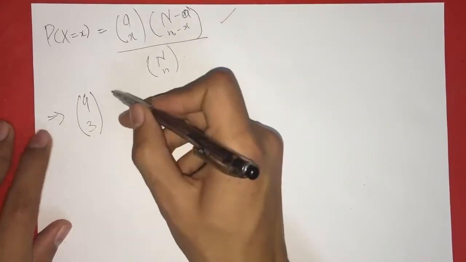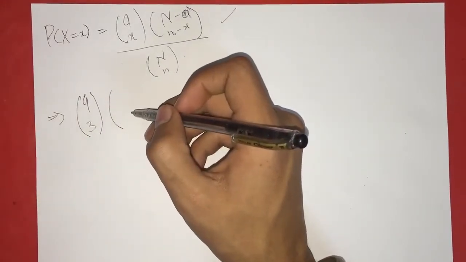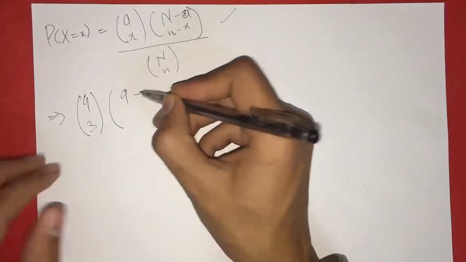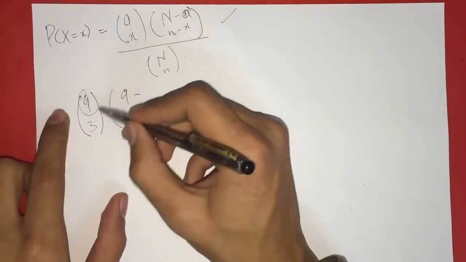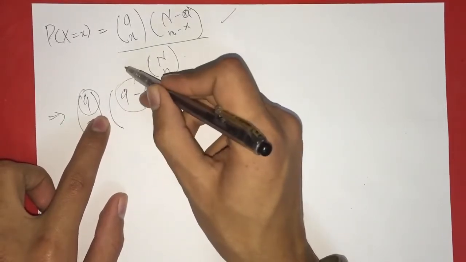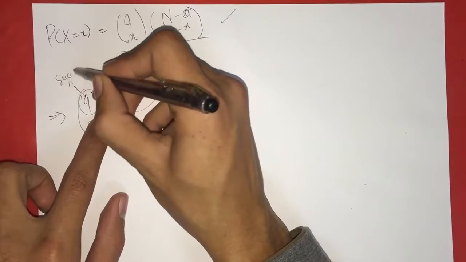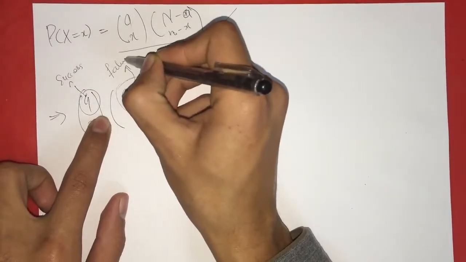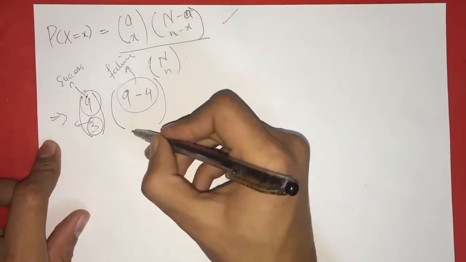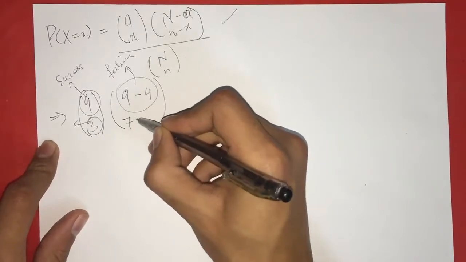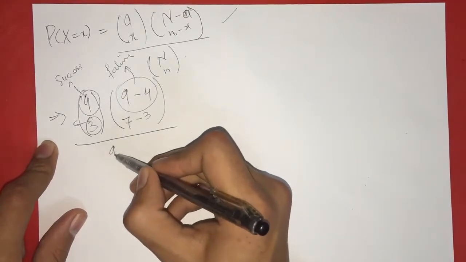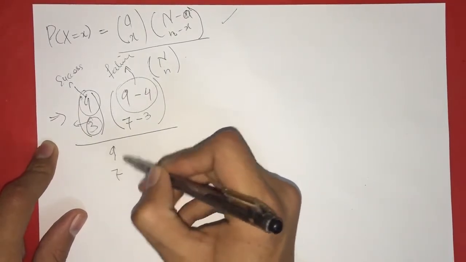Capital N, the total population, was 9 socks. Then 9 minus 4 is your failures, while 4 is your successes. You have x equals 3, because that is what you're interested in. You have small n, the sample you selected, which was 7. Then you have capital N, the total number of socks, choose small n, the sample 7.